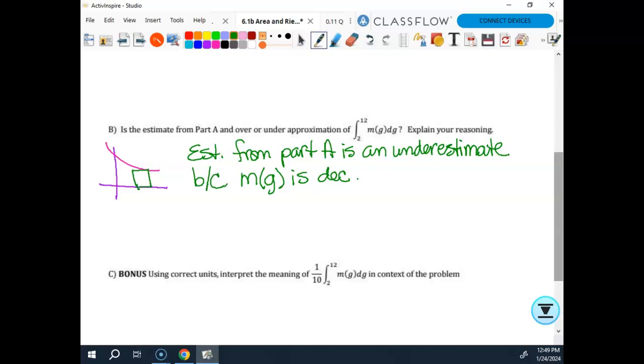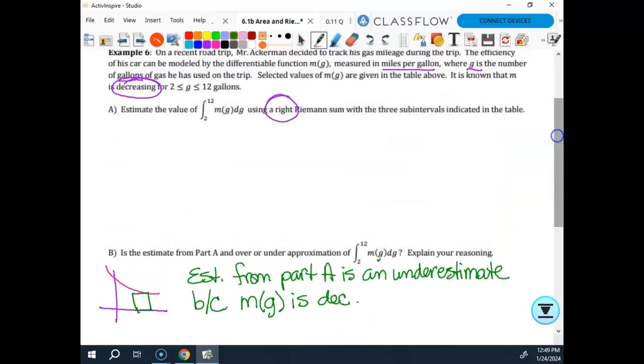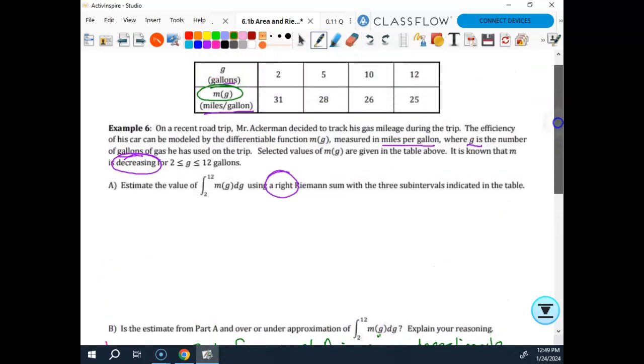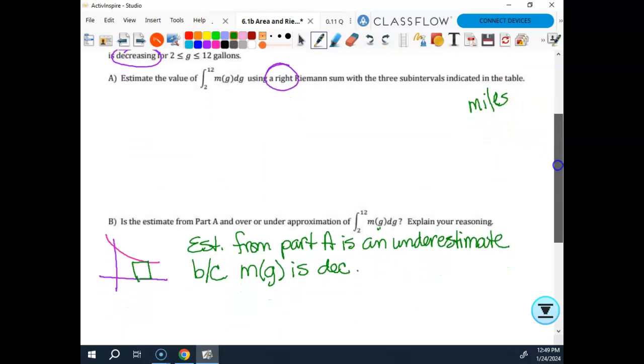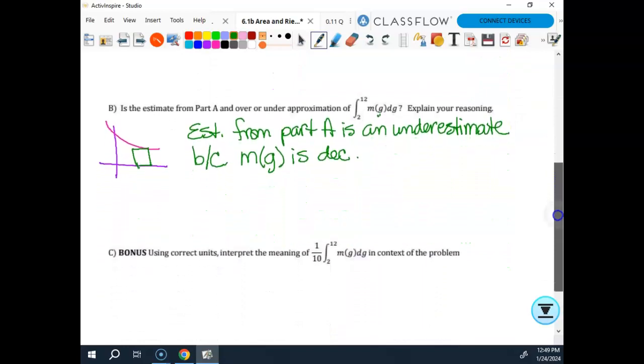Now, I do want to talk about C. It's the bonus that we're going to do together. We know that if we integrate this, this is going to be the amount. So when we estimated this value, this is the miles, because it's how many miles he got, right?